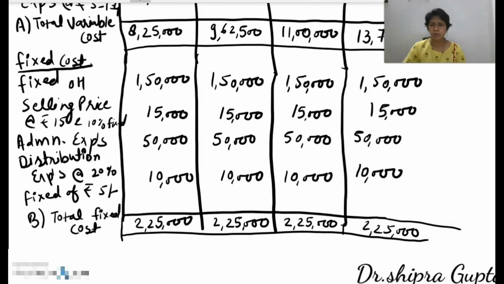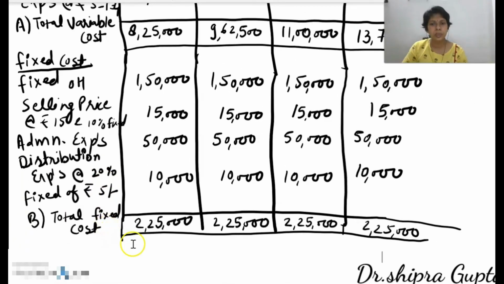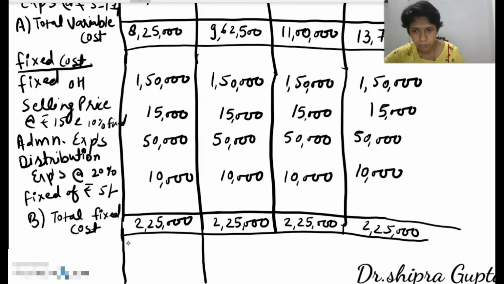Now we have already calculated total variable cost and total fixed cost. In this question, sales is not given, so we will calculate only total cost in this type of question.